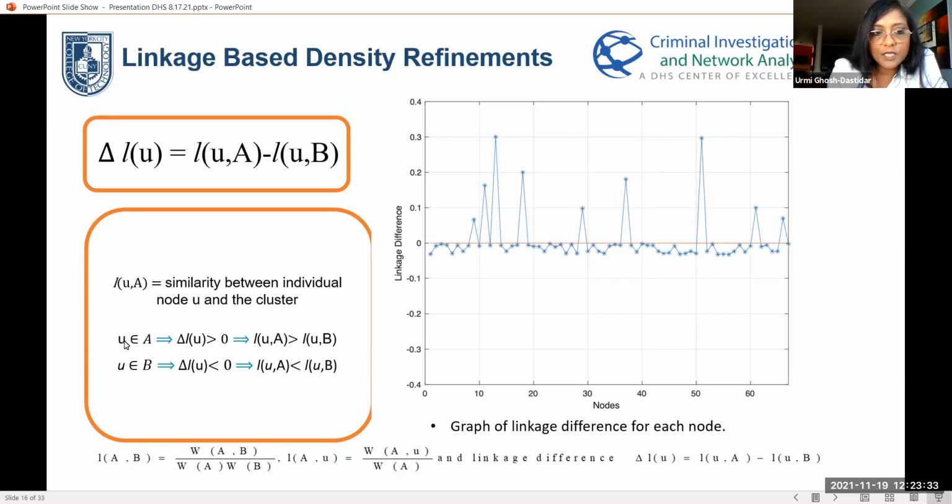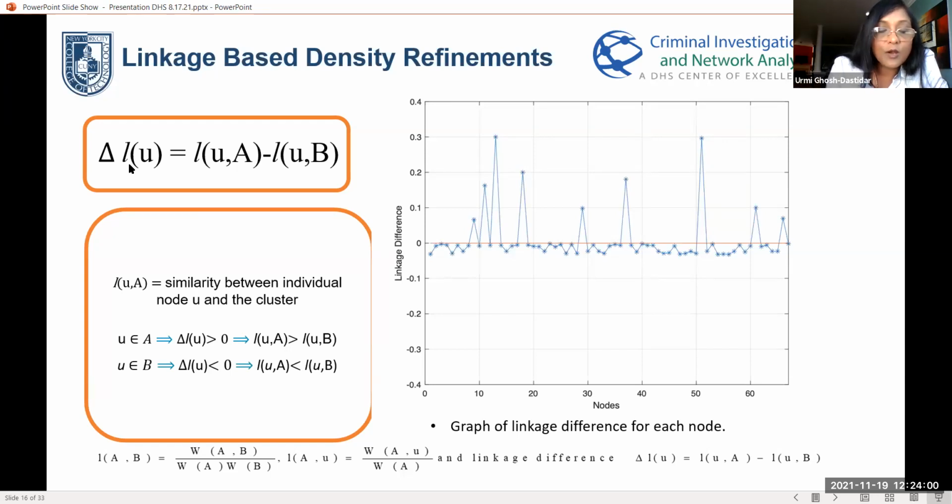If the node U belongs to cluster A, we expect node U to have more similarity with cluster A and less similarity with cluster B. So we expect this value to be larger and this value to be smaller. Similarly, if a node belongs to cluster B, we expect this to be larger and this to be lower.